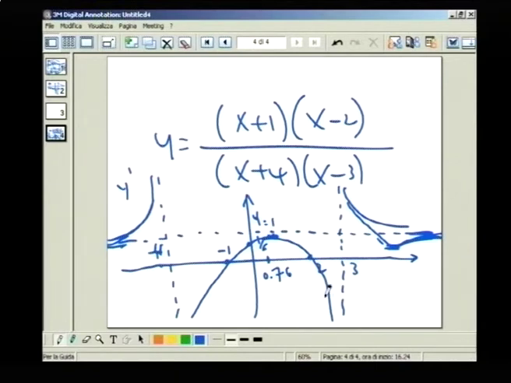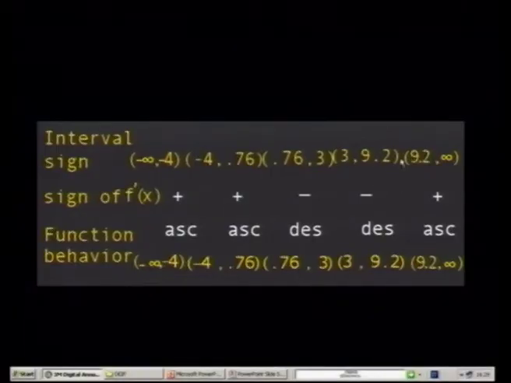So it climbs up and then goes down. So this is a point of local maximum. Whereas from the graph here, you see that it goes down in the last two intervals.